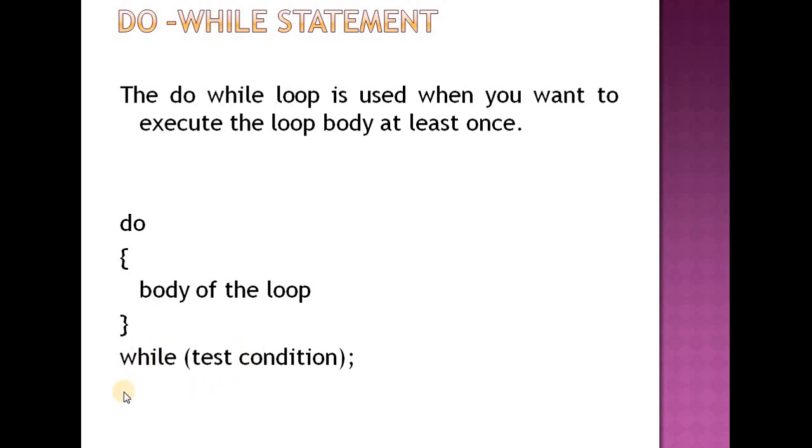So whatever statement is given over here, that statement will get executed. Since the test condition is evaluated at the bottom of the loop, the do while construct provides an exit controlled loop, and therefore the body of the loop is always executed at least once. So I hope you have understood the working of the do while statement.